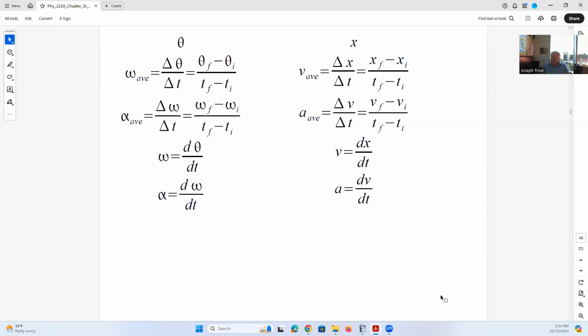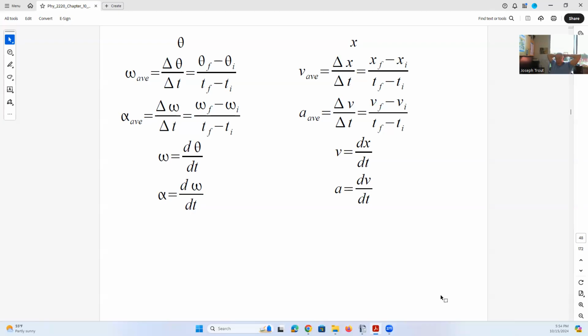Now we're going to make a bunch of analogies. Before we had x, now we have theta. Before we had average velocity, now we have average omega, which is theta final minus theta initial over t final minus t initial. Before we had an acceleration, which was delta v over delta t.